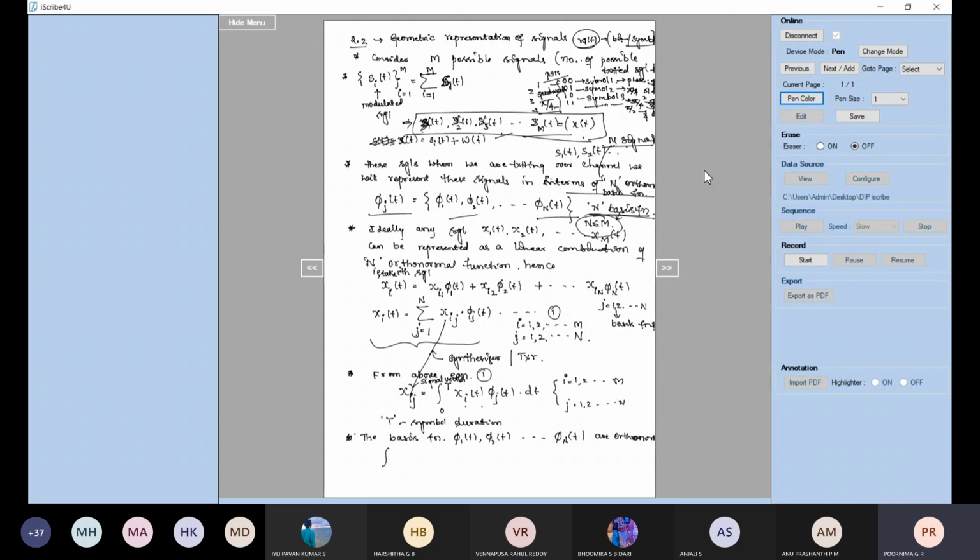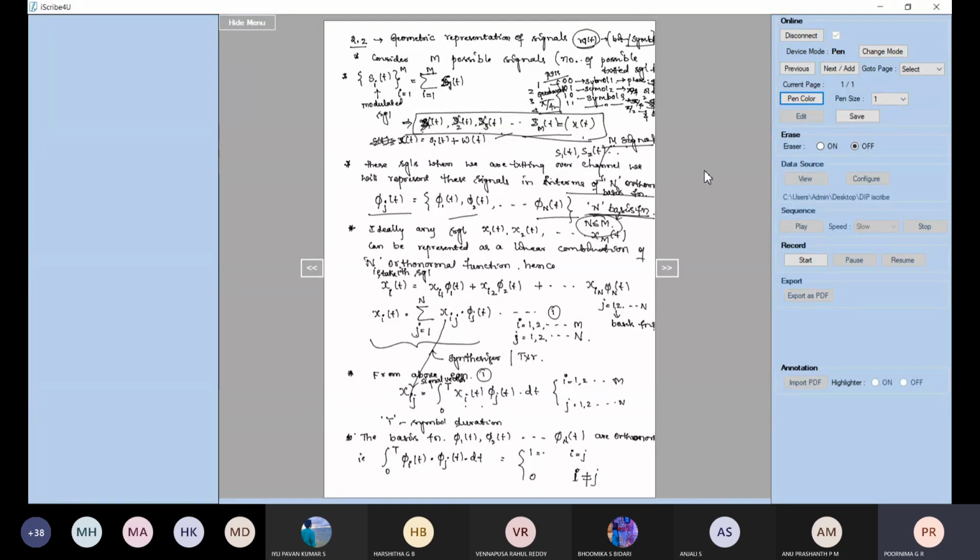Therefore, when you are integrating any orthonormal signals over the symbol duration, its output should be 1 if i is equal to j and 0 if i is not equal to j.